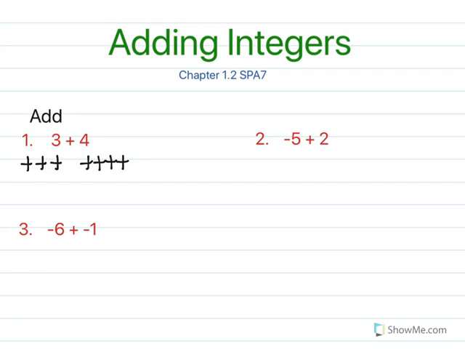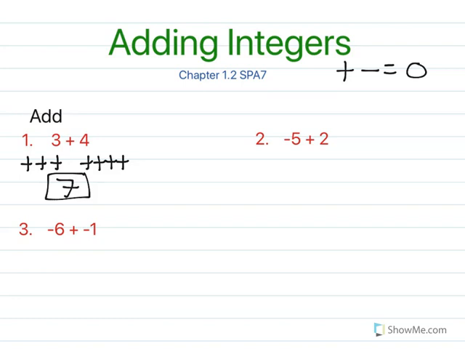We have 4 positives. So when I combine these together, I end up having 7 positive signs, so it equals 7. Now, I know you already knew that, but I wanted to go over how to use these counters. Now, if I have a positive and a negative, that equals 0. They cancel each other out. Just keep that in mind.